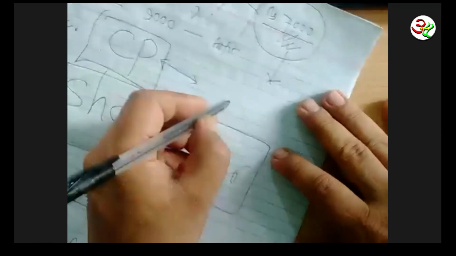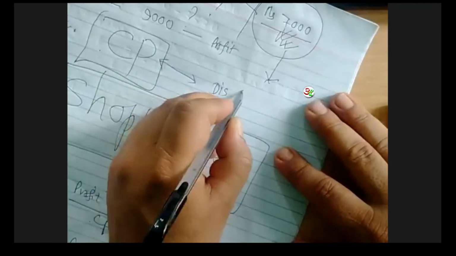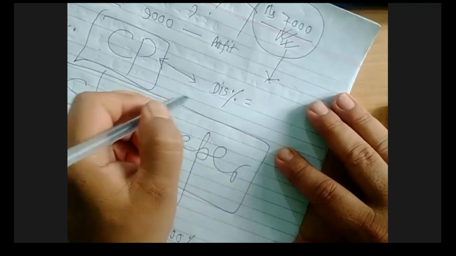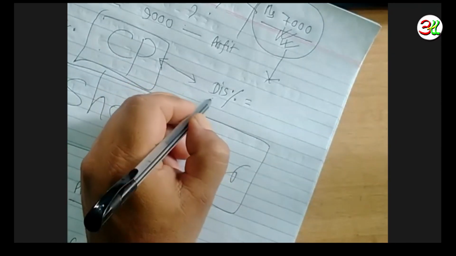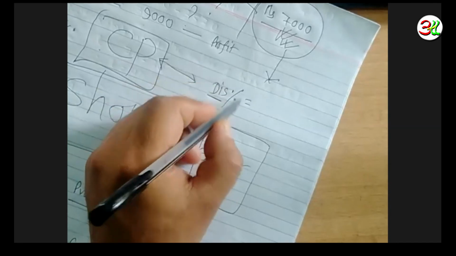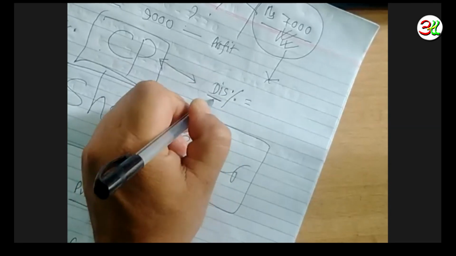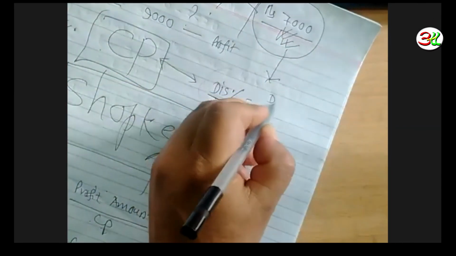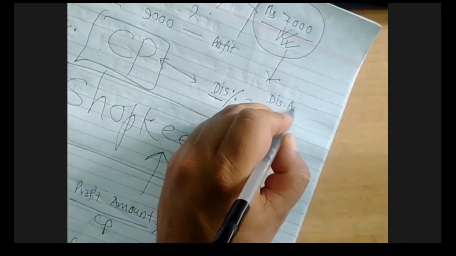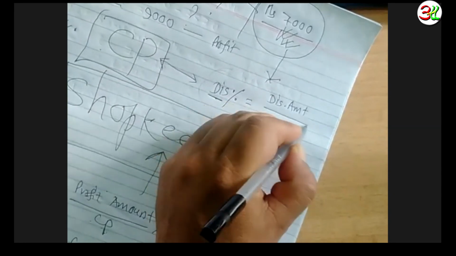Now tell me the discount percentage formula. Discount percentage: to find any percentage, first we divide that amount. Discount amount upon MP into 100%. Why MP?